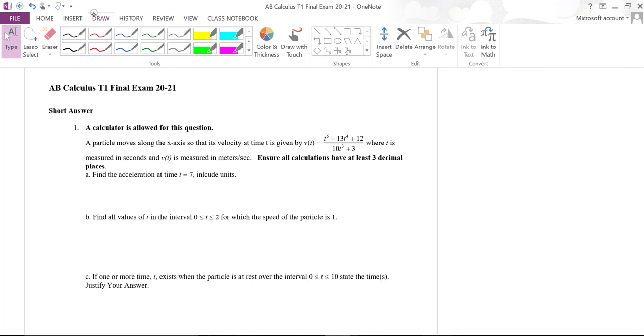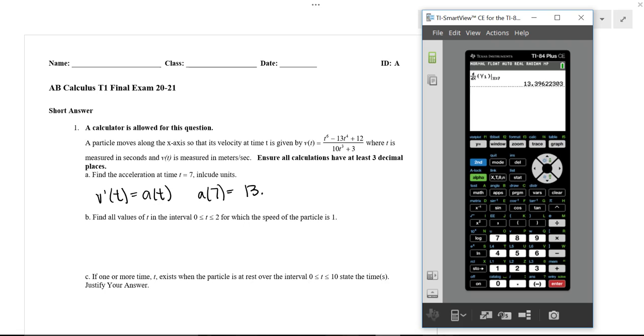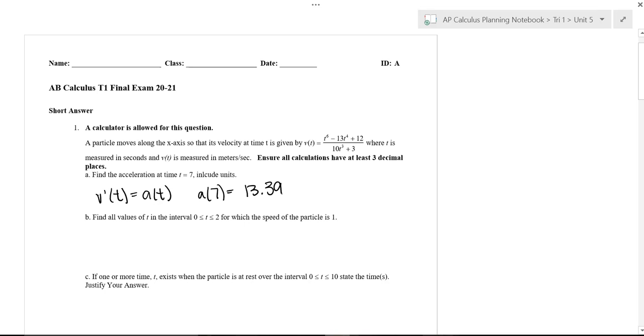So I'm going to do a few things here to get max credit. I'm going to say right here that v prime of t equals a of t. And then we're going to say a of 7 equals 13.396. And remember, we need units. So it says velocity is meters per second, which means acceleration is going to be meters per second squared.